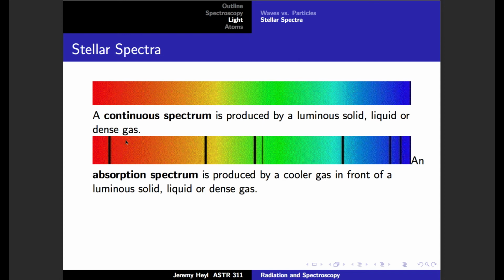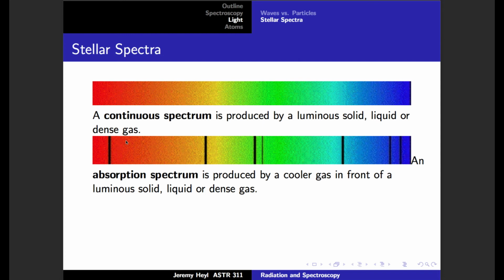Now, an absorption spectrum, what's happening there is we have the material that's glowing, that's incandescent, giving the continuous spectrum, and in front of it, we have some gas that's cooler, but not very dense, so we can see through it. That cool gas is going to absorb some of this radiation coming from the star or whatever's emitting the light, but it's only going to absorb where it feels like it.